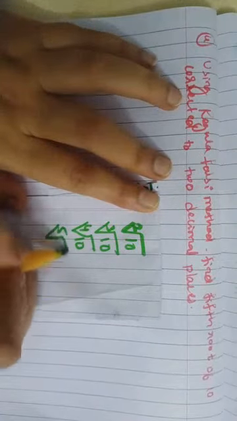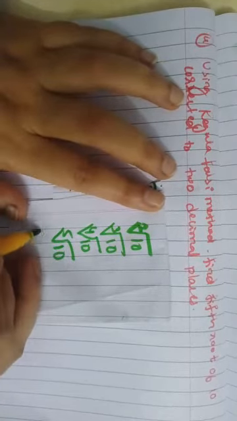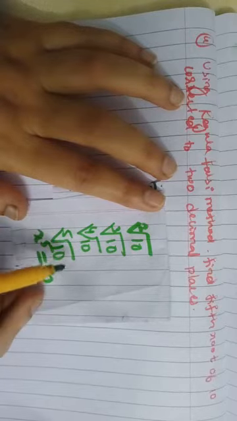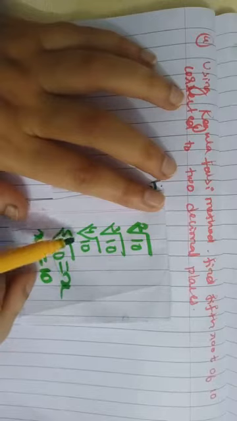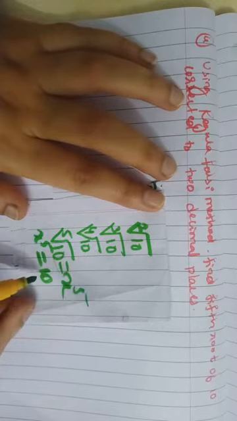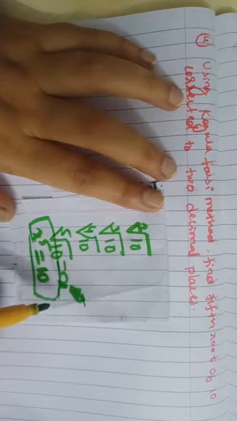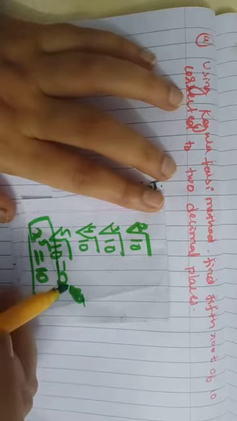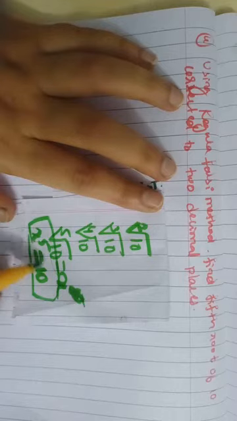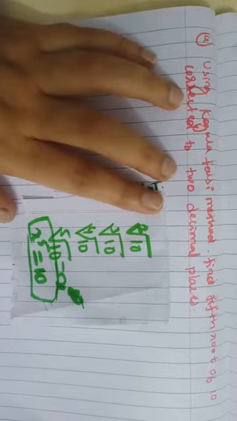I can write this as x to the power 5 is equal to 10, since I don't know the fifth root and have taken it as x. Bringing the 10 to the LHS, it becomes x to the power 5 minus 10 is equal to 0.